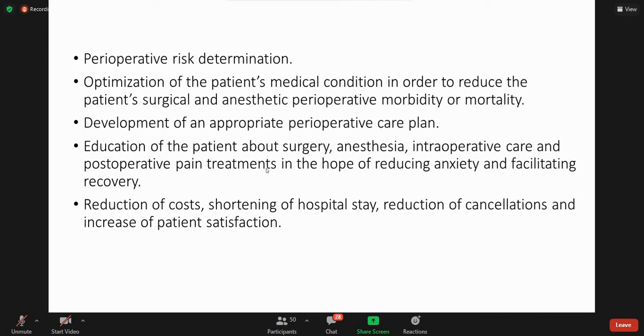Okay. So what are the other goals? We develop an appropriate perioperative care plan for the patient.